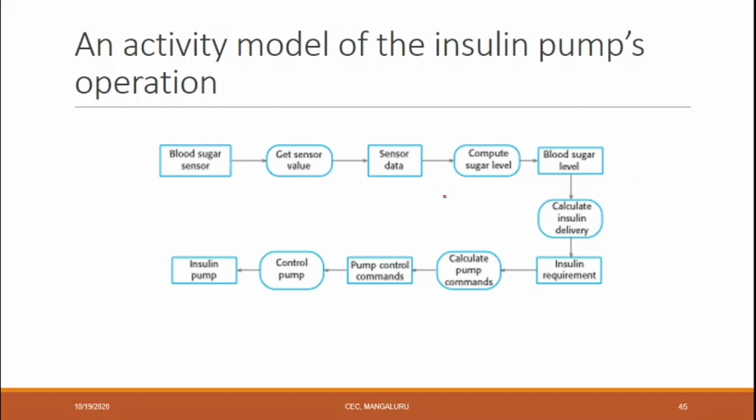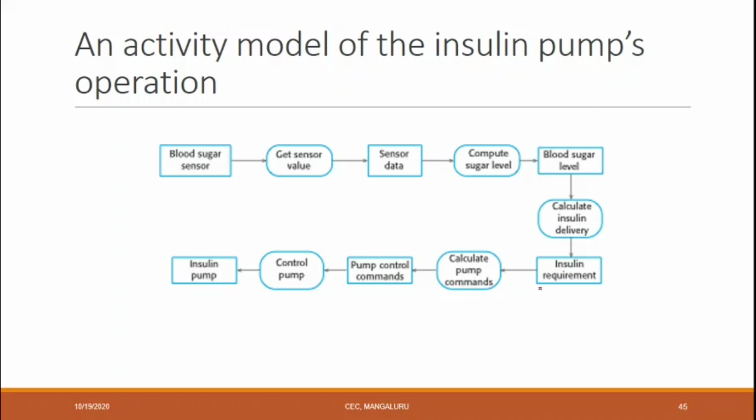Next, you can see the activity model of the insulin pump control system, and how it is useful in the data driven model. You can see the blood sugar sensor, getting the sensor value, sensor data, computing the sugar level, and calculating the insulin required to be delivered to the patient, the insulin requirement, and calculating the pump commands.